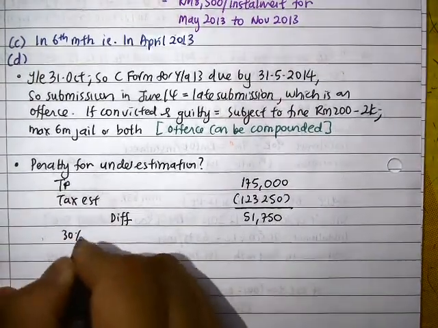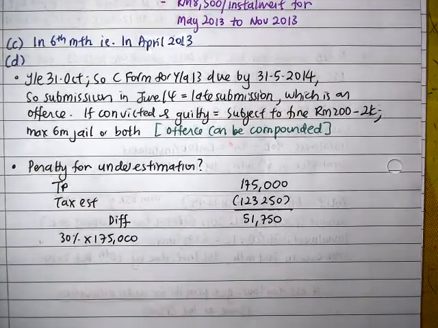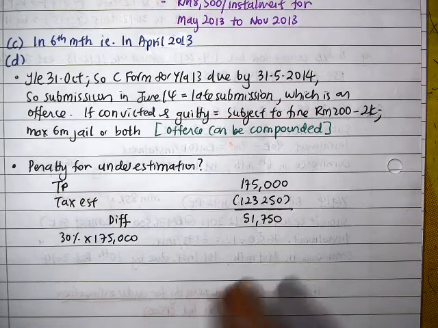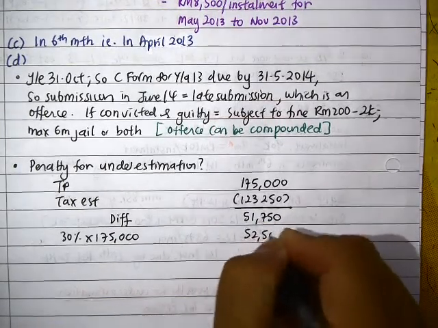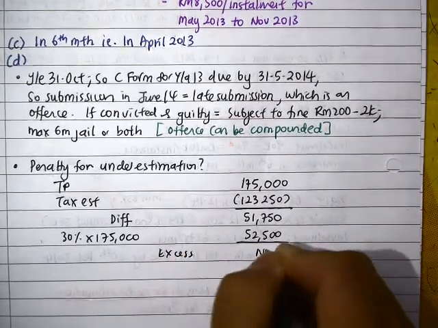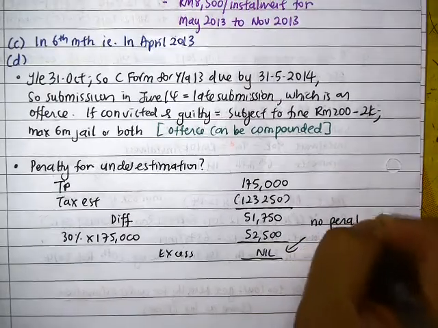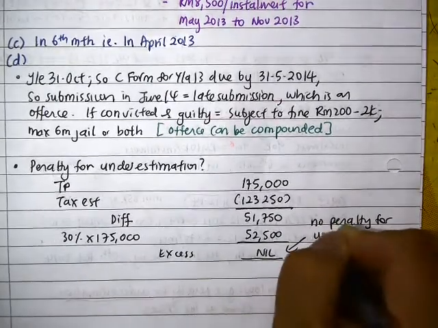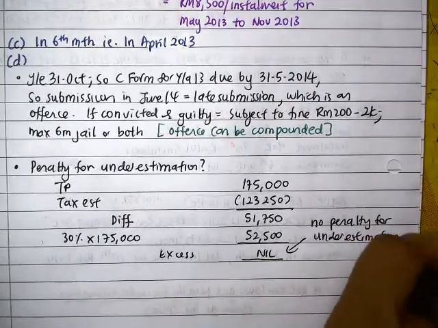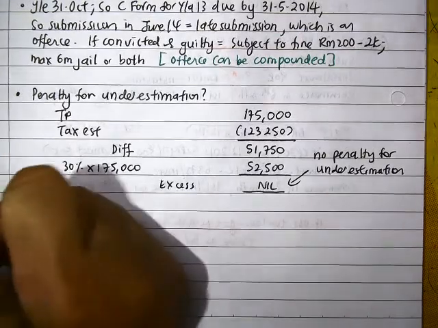Now we give you a margin of safety, 30% of 175, which is 52,005. So good. There's no excess. So there is no penalty for underestimation.